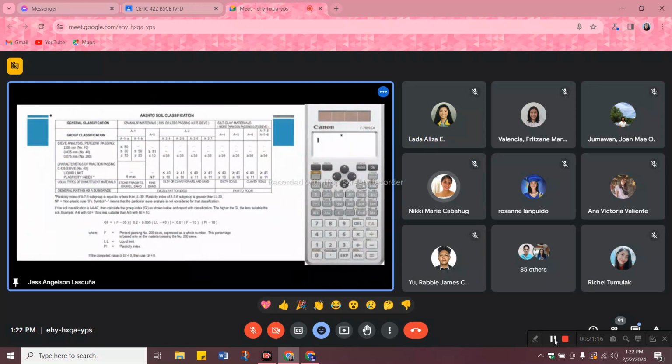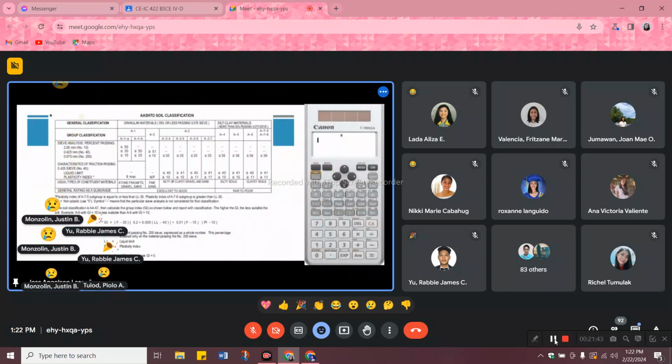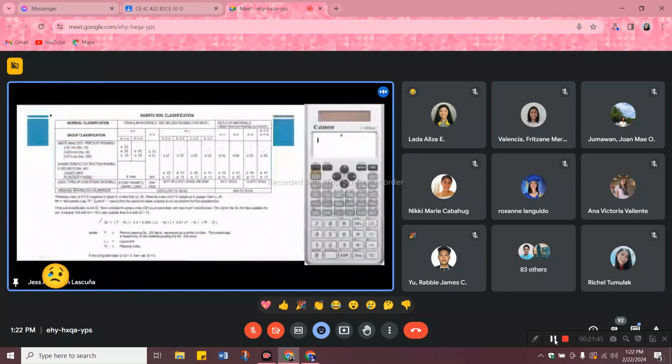Sana all. AASHTO kay ihatag ang table. Pero kaning group index is dili ni siya ihatag. Sa guhon ni siya. Pero actually, kaya raman ni sa guhon ninyo. Dali ra kayo sa guhon eh. Kamu ba best and memorization? Thumbs down.